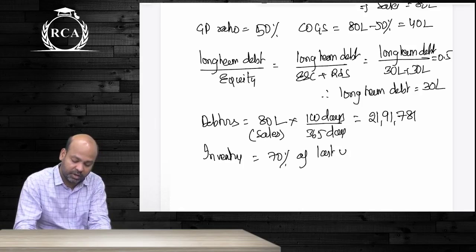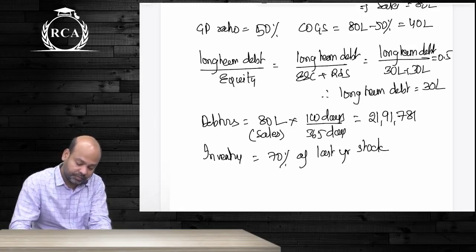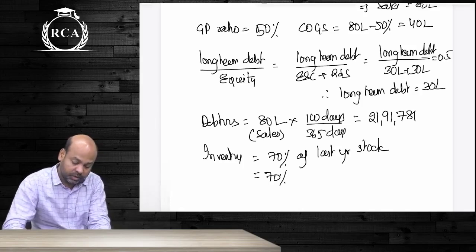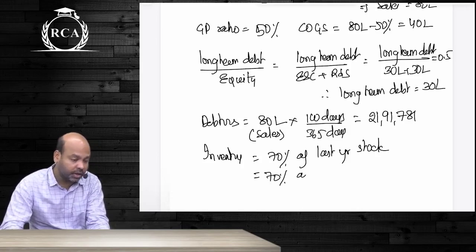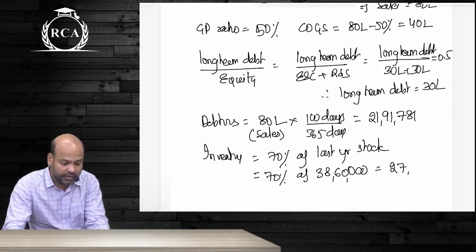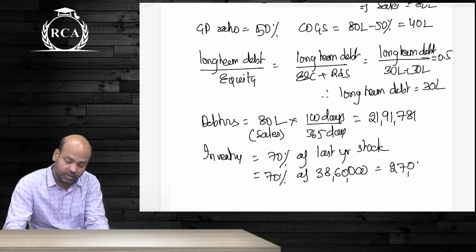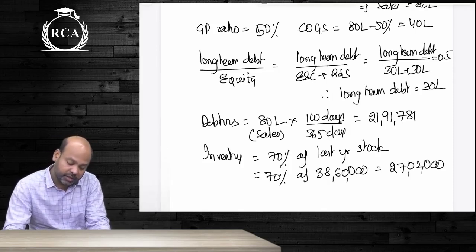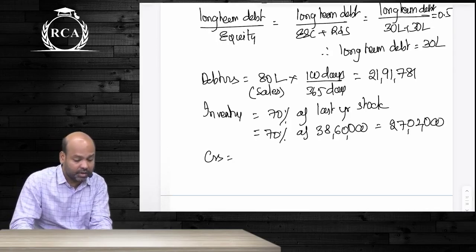Last year का stock कितना था? 70% guys of 38 lakhs 60,000. कितना है बेटा ये? 27 lakhs 2,000. Credit hours बेटा will be equal to, question में दिया हुआ है, COGS का 100 by 365.